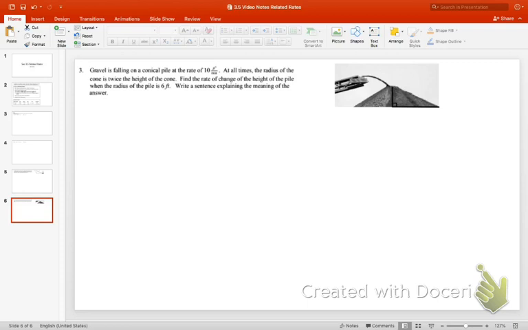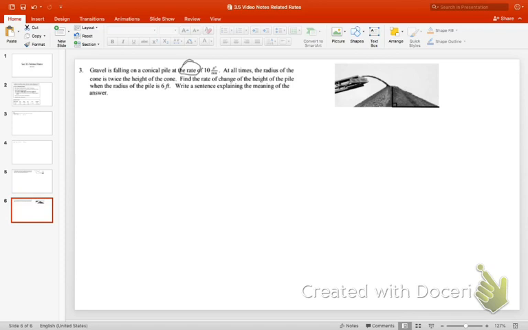All right, so gravel is falling on a conical pile, so we have a cone, at a rate of 10 feet cubed per minute. So when I see the word rate, that means they're giving me a derivative.